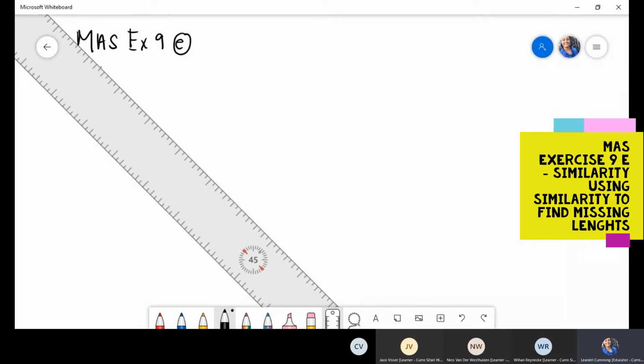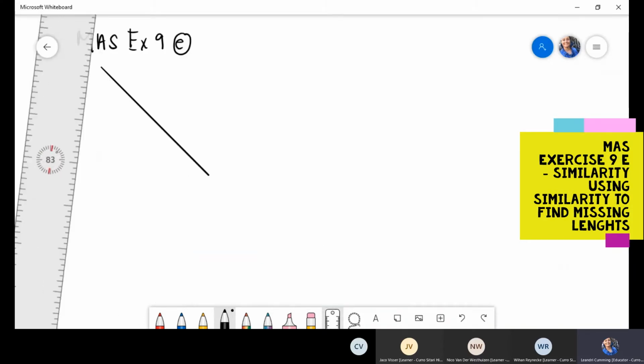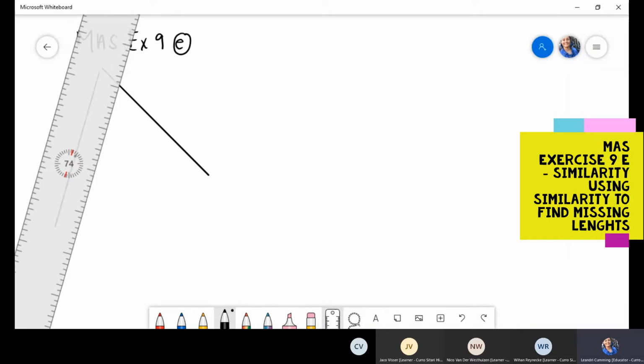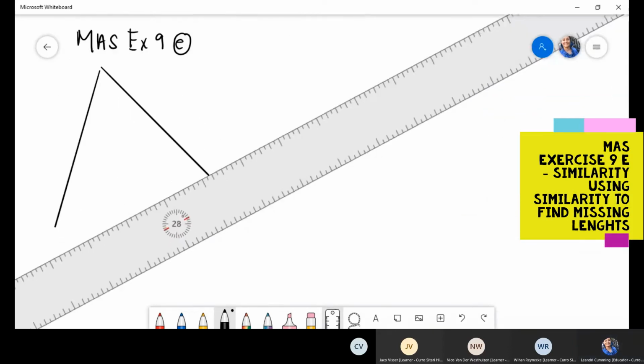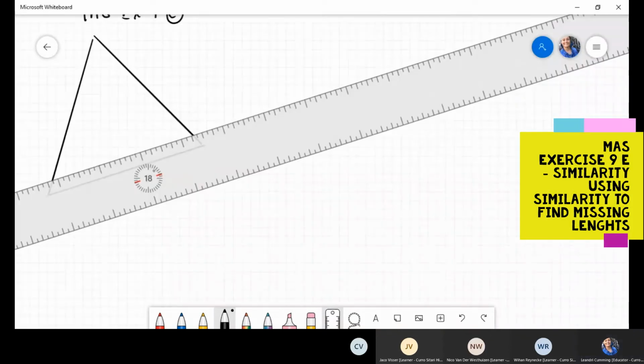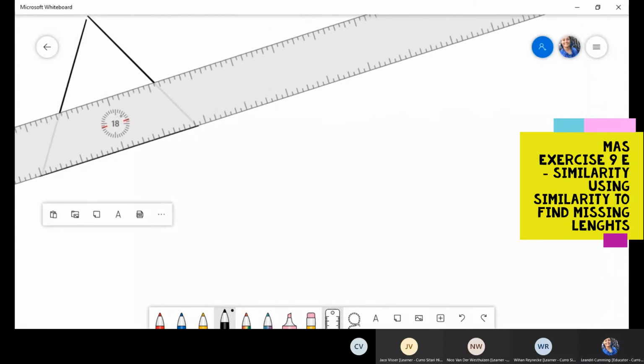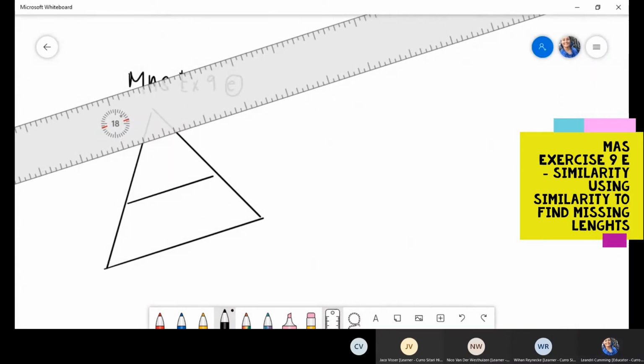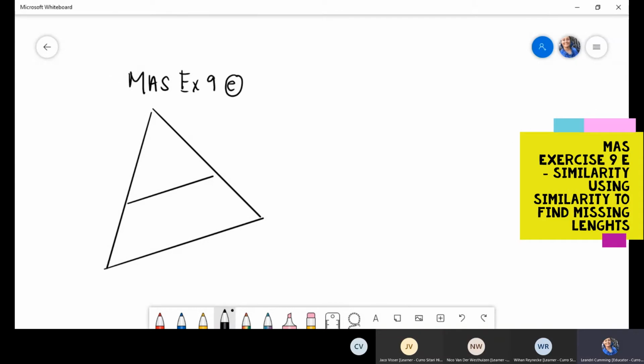Okay, I've got a triangle. It looks something like this. The name of the triangle is P, the big one, Q, R, and then I have a letter D here.